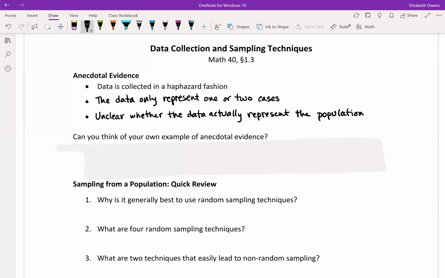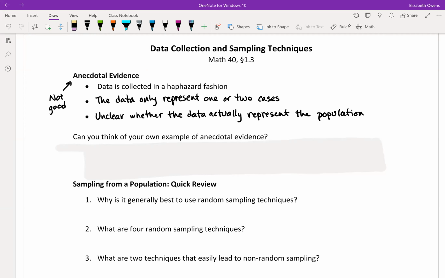Okay, and the text has a few good examples, but I'll give you my example that I thought of, and then see if you can think of your own example of some anecdotal evidence. So remember, this is some sort of story or one or two special cases that you've heard of, and we're trying to come up with a conclusion based on that. This is not a good thing to do, by the way. Not good. This is not scientific.